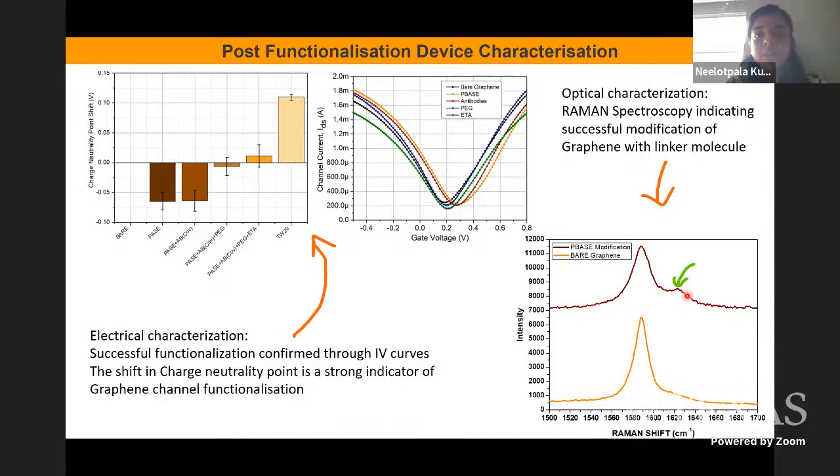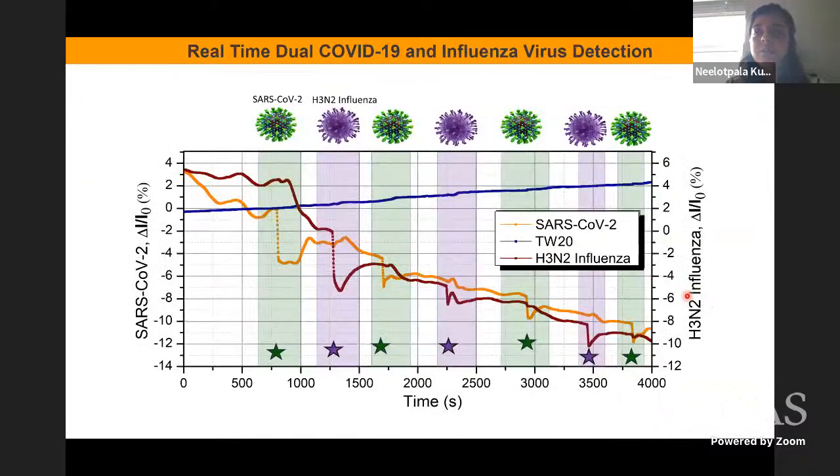So after successful device characterization, we come to the main part, which is the testing. In the testing setup, we fill the chip and introduce the sample, basically the protein samples of the virus particles that we are interested in.